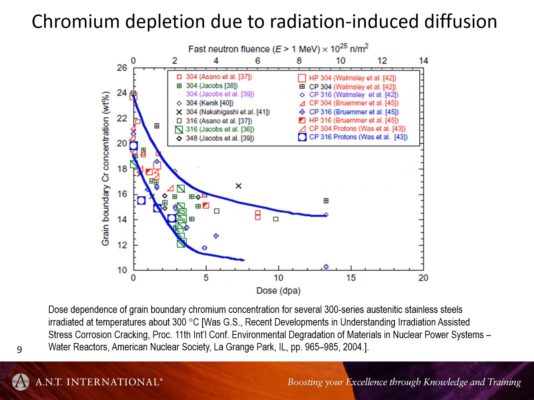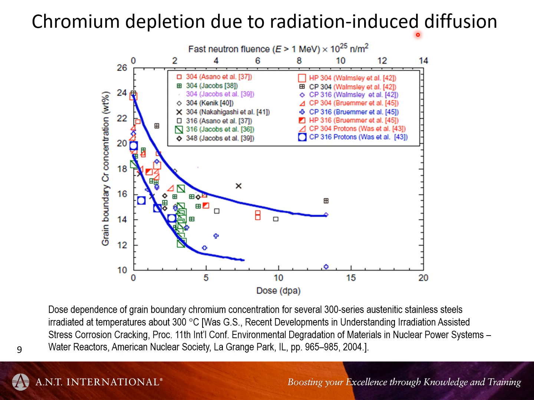So there's been quite a bit of work on this. Here's a summary of some results reported by Gary Was, showing that with increasing dose, the sensitization increases because the chromium decreases. Now, Gary chose to call this radiation-induced diffusion. I'm not sure that that's the correct term.